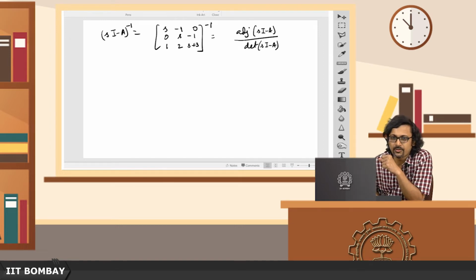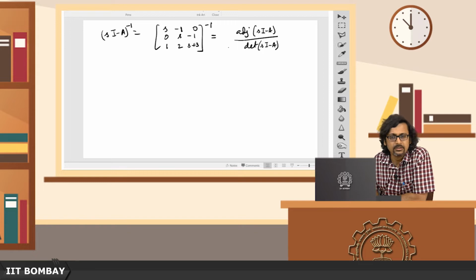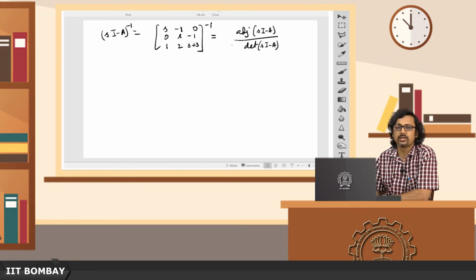Of course, if you are finding this a little confusing, I urge you to go back to some basic matrix theory or linear algebra lessons where you have these definitions of the inverses of matrices. What I am trying to say here is that now you have this s and it is not just numbers, so computing these inverses you have to do it in a symbolic manner, right. You have to carry the symbol s.